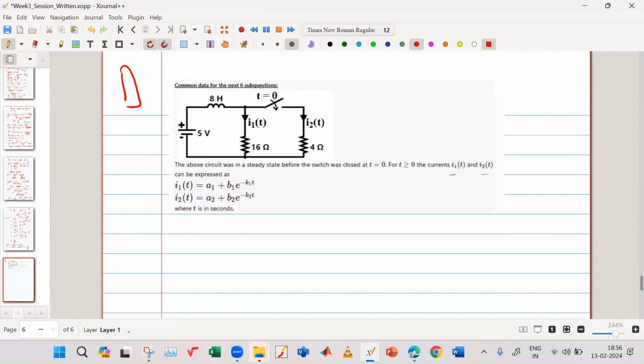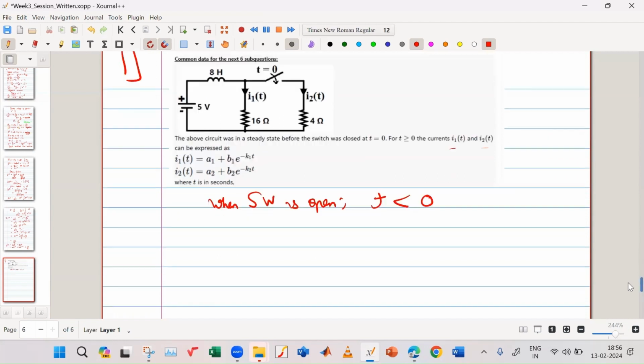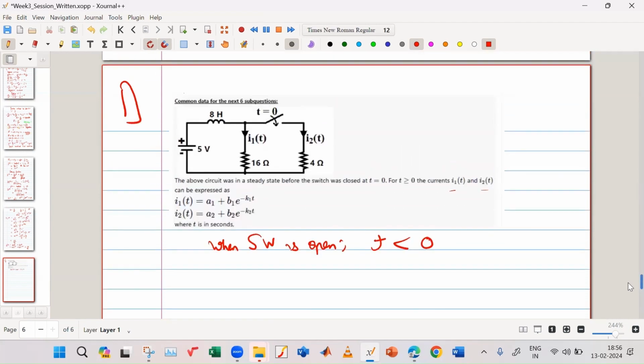There is a switch, so there is a previous operating state, initial conditions. When the switch was open, for t less than 0, what was my circuit?